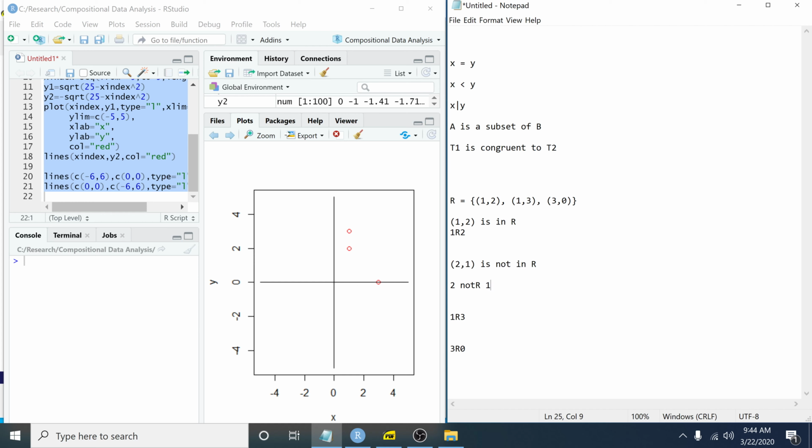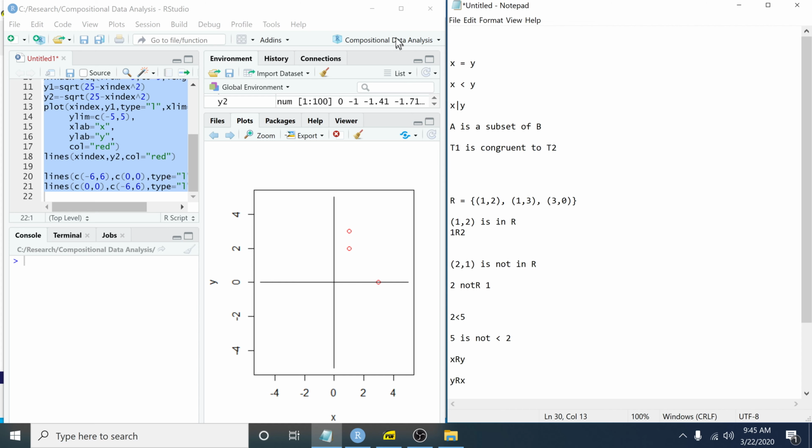If x is related to y, it does not necessarily follow that y is related to x. It may not be, right? This is an example of it. And another example would be the one that we looked at earlier: 2 is less than 5, but 5 is not less than 2.